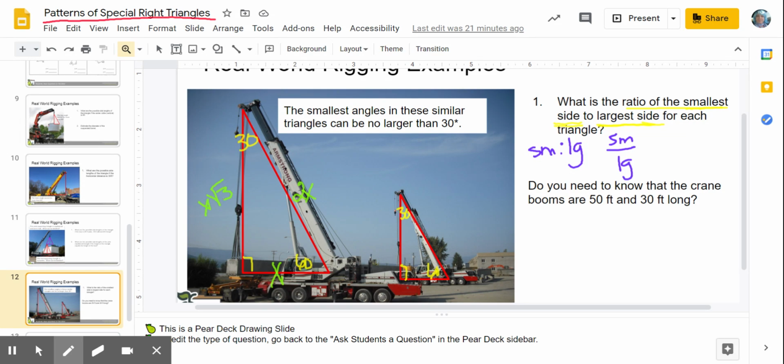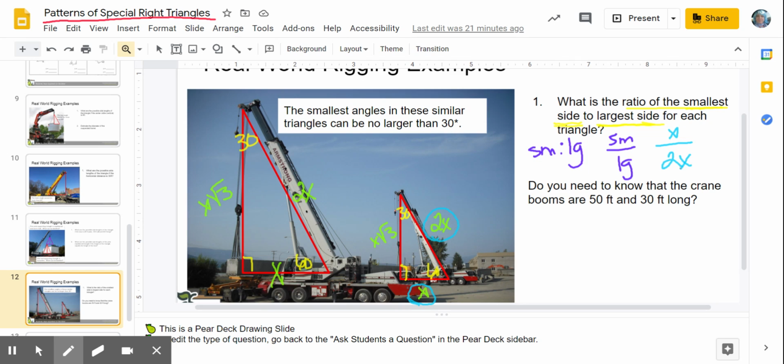Same thing over here. 30 is going to be opposite some number, and then opposite the right angle is going to be twice that big, and opposite the 60 degree is going to be x on the square root of 3. Those are similar triangles, so the ratio is going to be the same, even though the numbers are different. The small side is x and the large side is 2x.